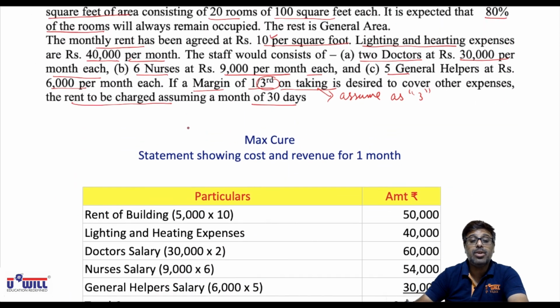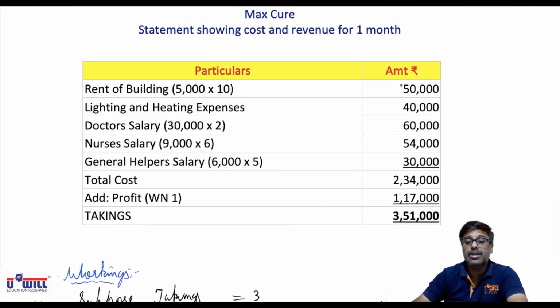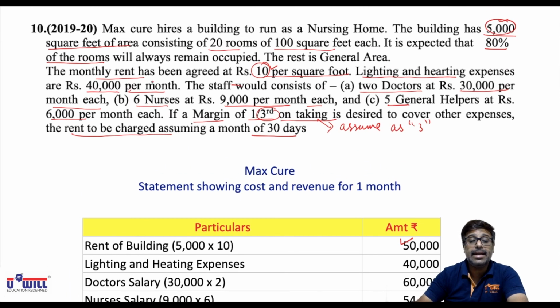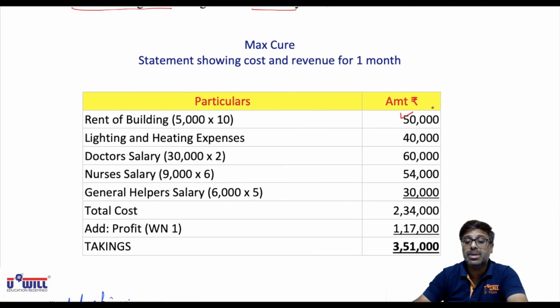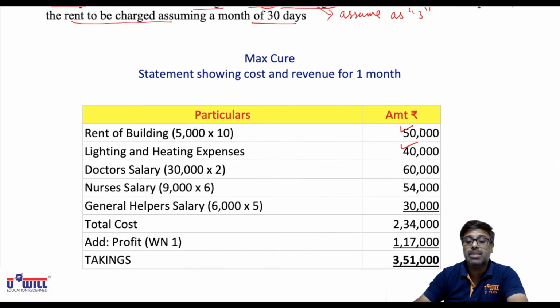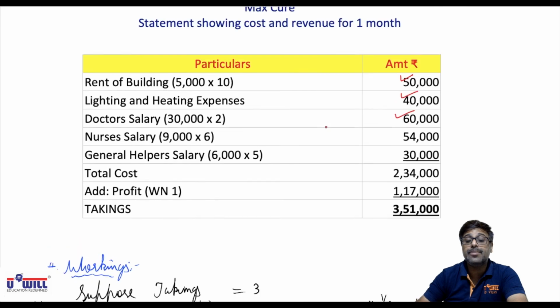See, first is rent of building, 5,000 into 10 rupees per square feet. So that comes to 50,000 rupees. Second expense is lighting and heating, directly given 40,000 per month. So you'll take 40,000 as it is. Then doctor's salary, 2 doctors into 30,000 per month. So 30,000 into 2, that comes to 60,000.